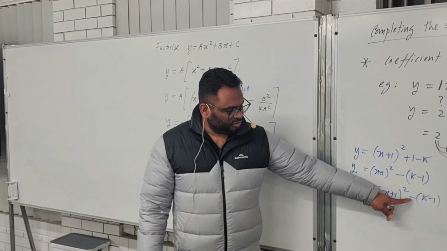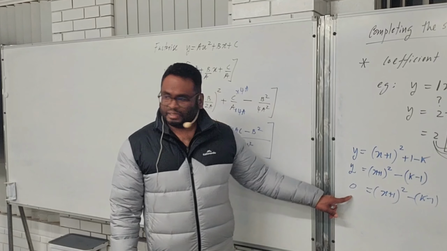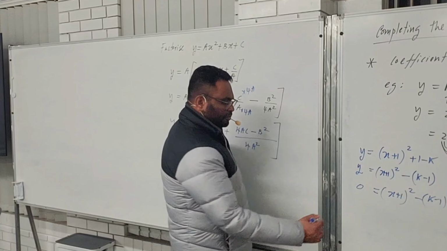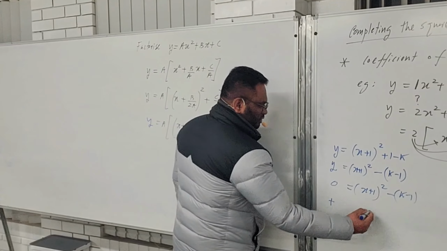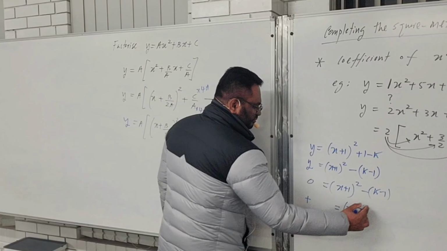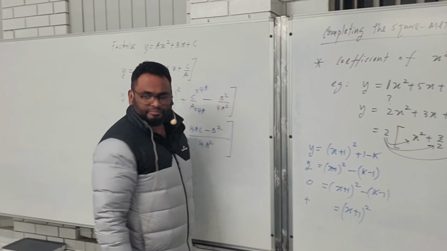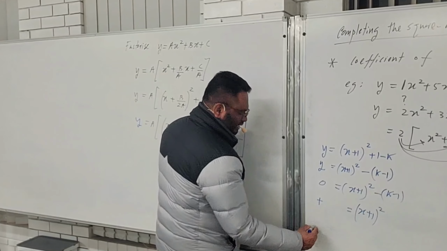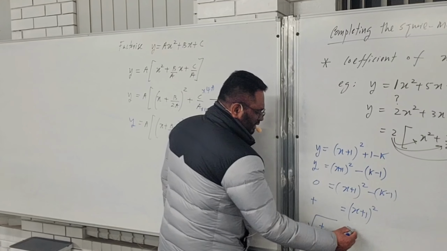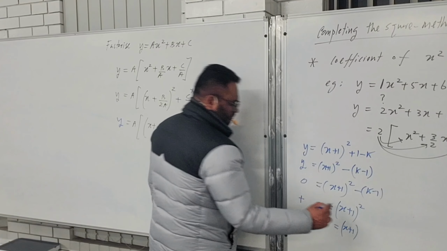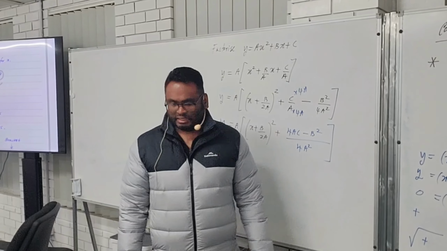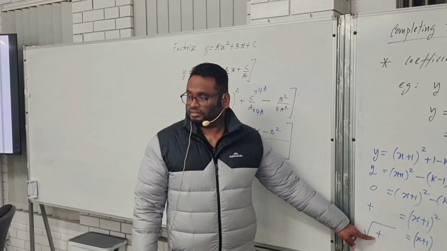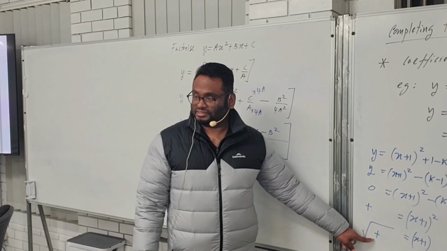When you have a minus, you can bring it to here and that becomes positive. Then you have a positive term, and here you have (x plus 1) squared. Then you are going to get the square root. So you can write square root of a positive number is equal to x plus 1. Agree? This square root is a valid square root, because it's positive.